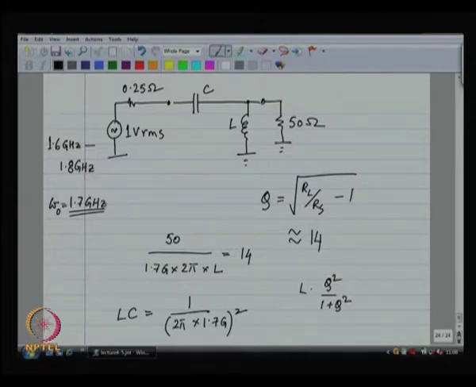All right. So, what is the problem here? The problem is this: the bandwidth of my circuit is related to Q, right. So, what is the bandwidth?